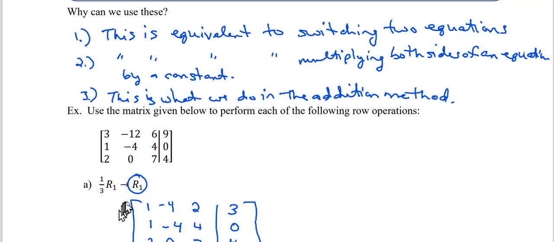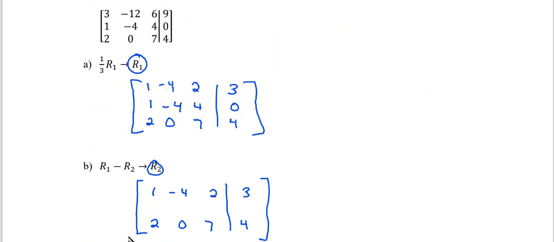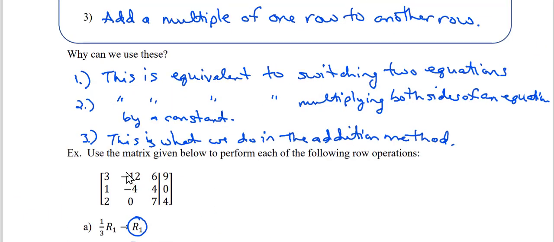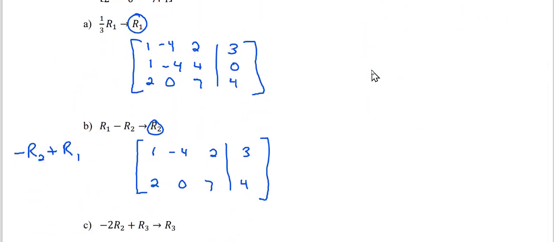This one up here is actually 2. I think I may have said the first one, but here it's the number 2: multiply any row by a non-zero constant. We're multiplying that row by a constant. Row 1 minus row 2 is the same thing as multiplying row 2 by -1 and adding row 1 to it, right? This would be the same thing as negative row 2 plus row 1 to meet that language up there: add a multiple of one row to another row. But it's easier to look at it as row 1 minus row 2.